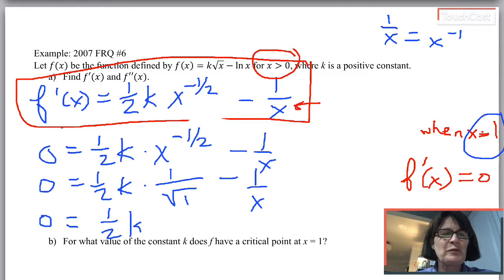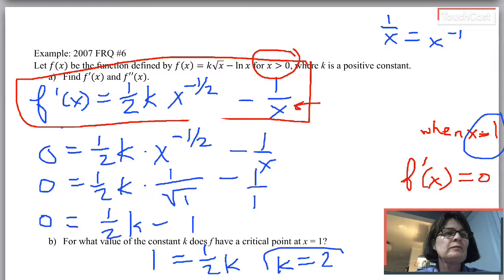Didn't I say I was going to let that be 1? This is 1. Minus 1. Think about adding 1 to both sides. I'm going to get 1 equals half of k, so k must equal 2. My function f of x has a critical point when x equals 1 if k is equal to 2.